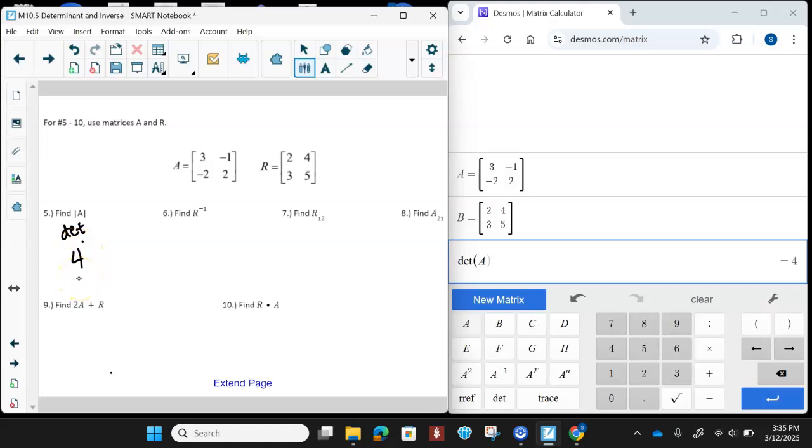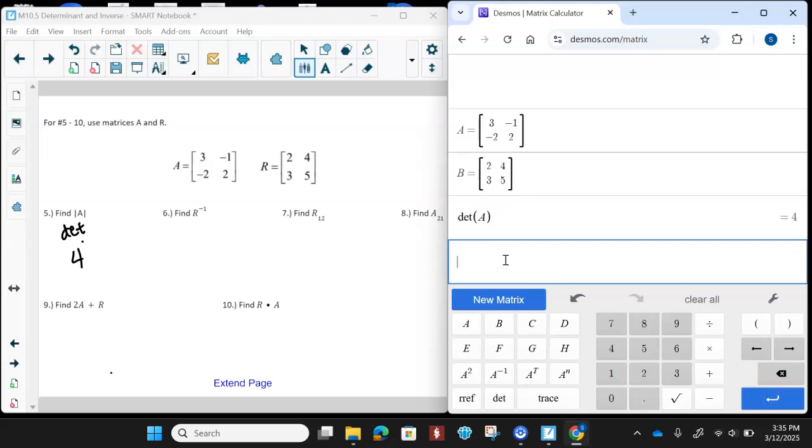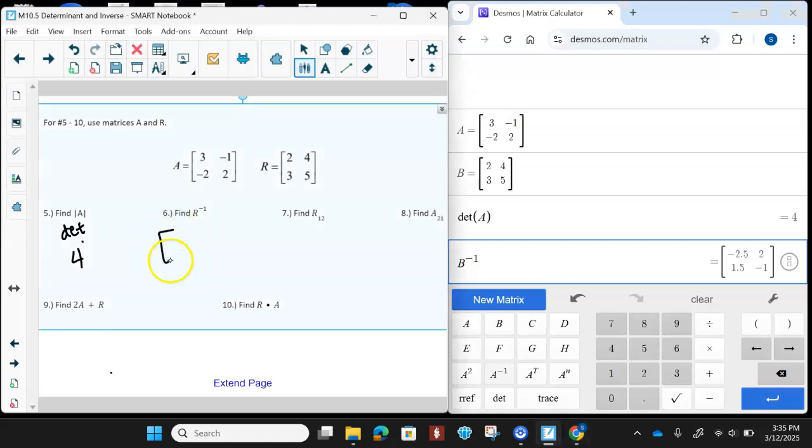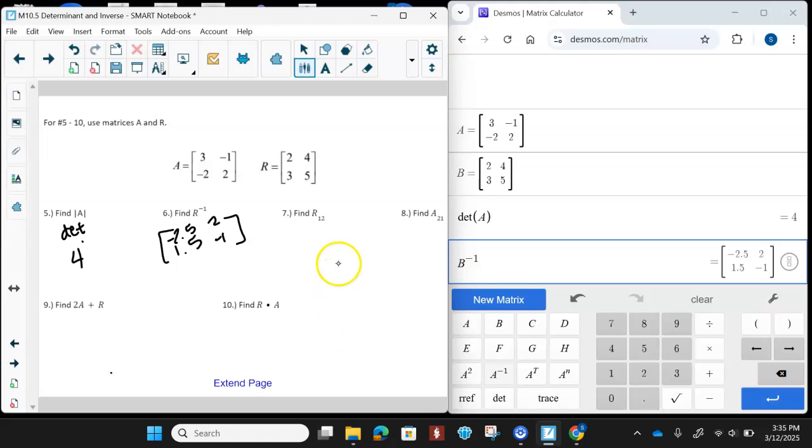Now notice, what does number 6 notation mean? The inverse of R, which in this case is my B. So I want the inverse of B, and there it is. So the inverse is -2.5, 1.5, -1. Then here, this is our notation.